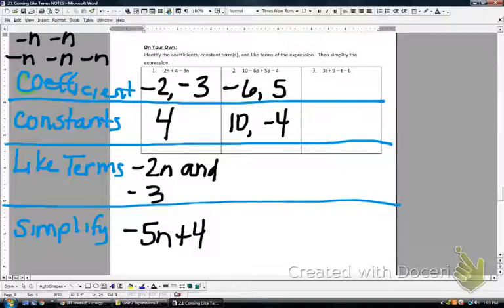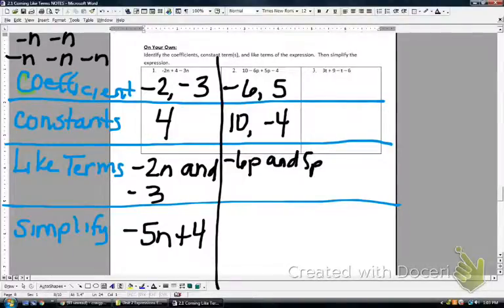And then my like terms are negative 6p and 5p. Then I also have 10 and minus 4 or negative 4. Those are like terms because neither one of them have a variable attached to them.